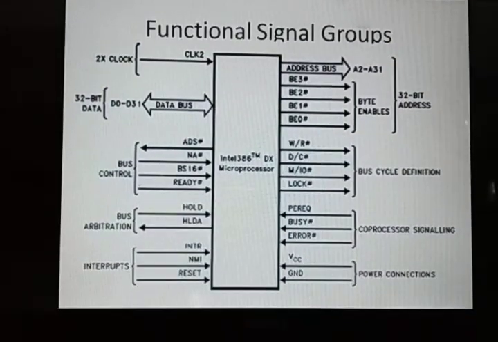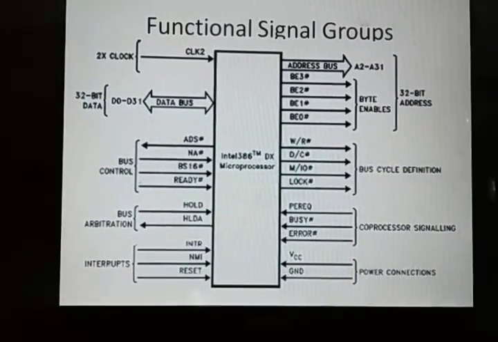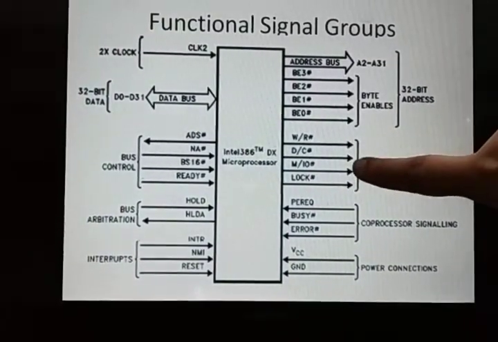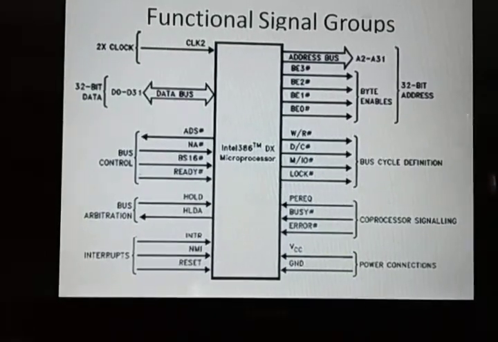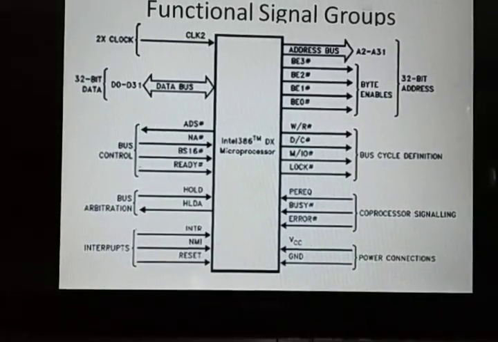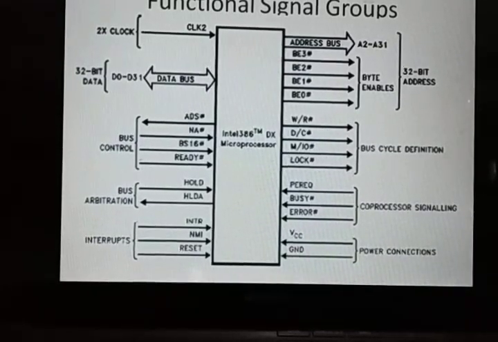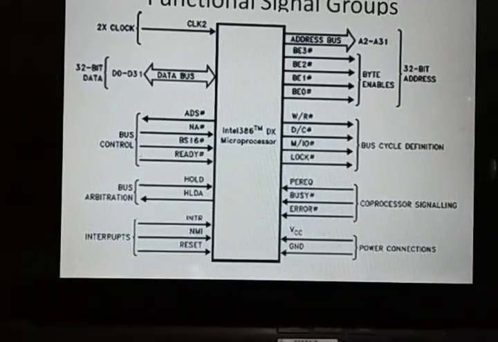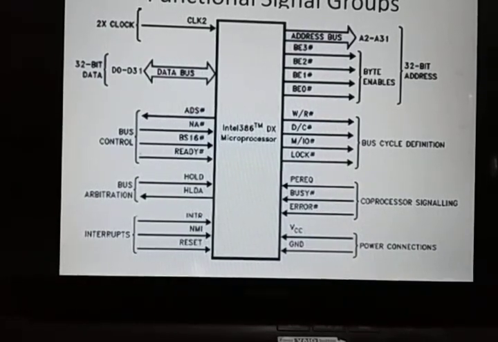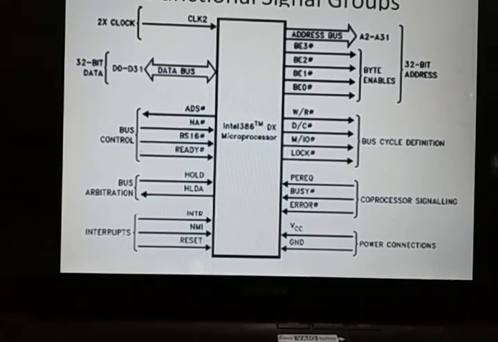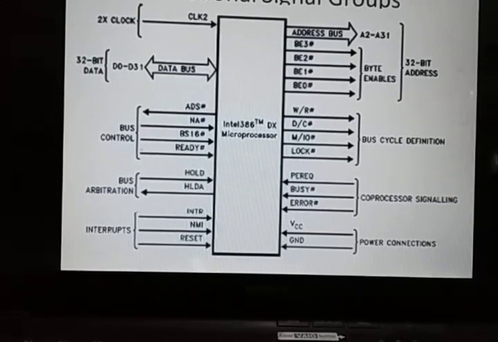Your next pin is a memory input output pin. You can see here this is the memory input output pin. So basically this is the output pin that differentiates between memory and input output cycle. So this pin selects a memory device when it is set to logic 1 or input output devices when it is set to logic 0.